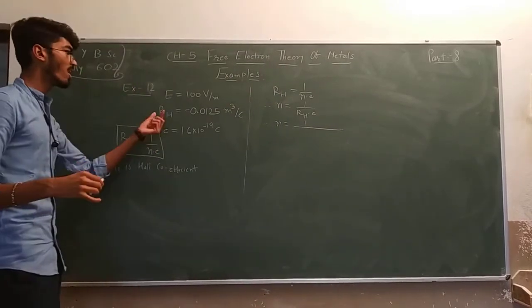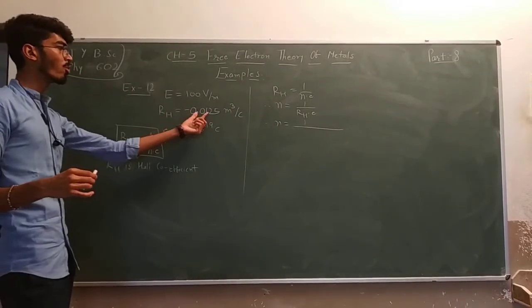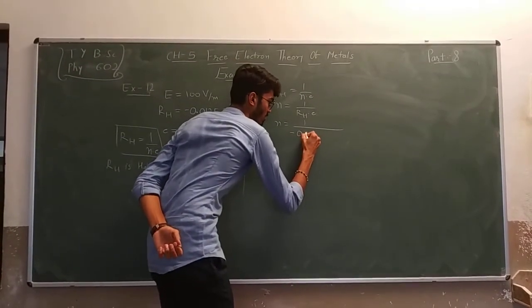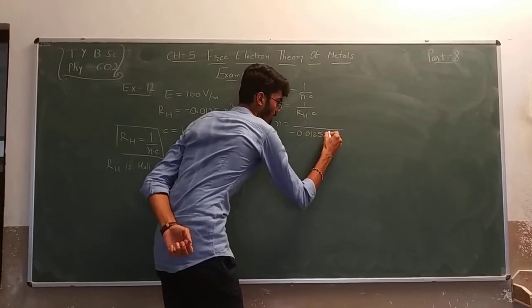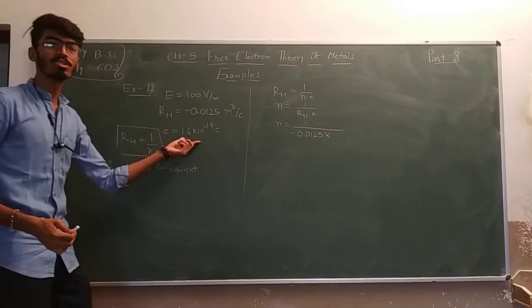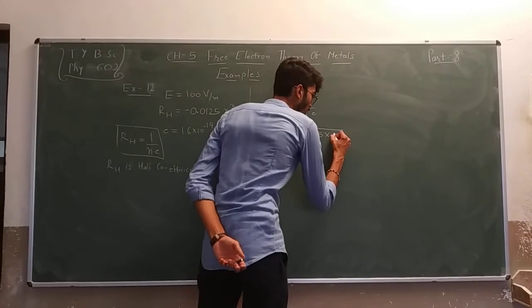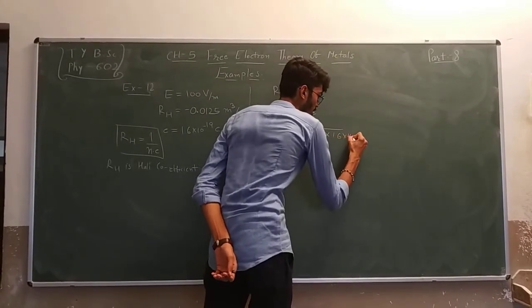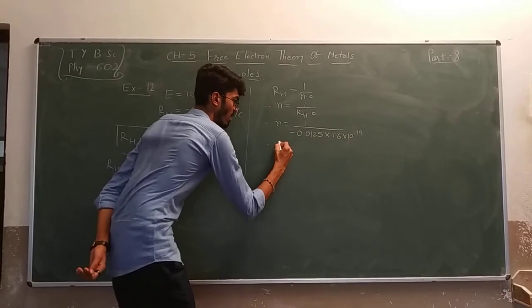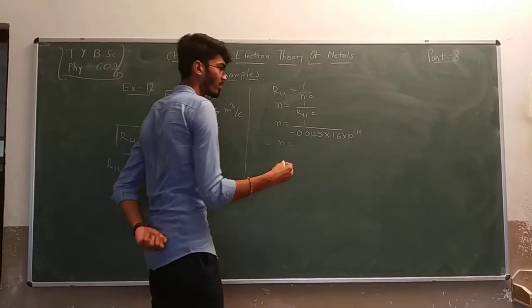What is the value of R_H? It is minus 0.0125, cross e, where e is 1.6 cross 10 raised to minus 19.